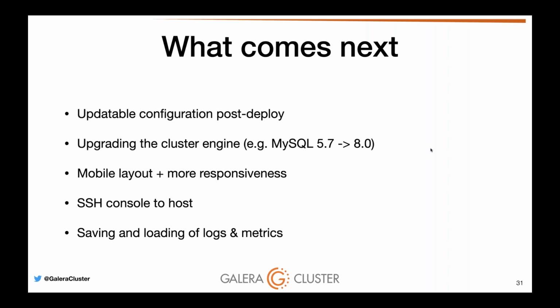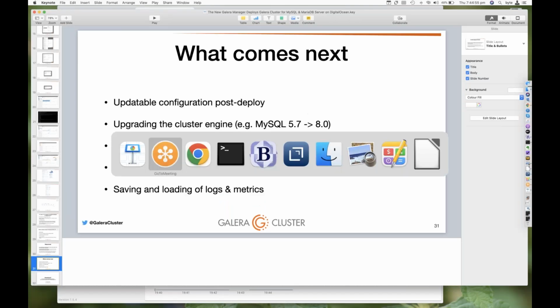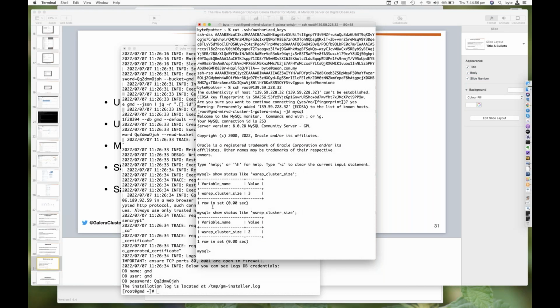I can tell you flat out, we are going to give you the ability to update your configuration post deployment. Today we don't have that ability. So once you've got a database configuration, let me quickly hop on there and show you what the configuration looks like. So we go here.